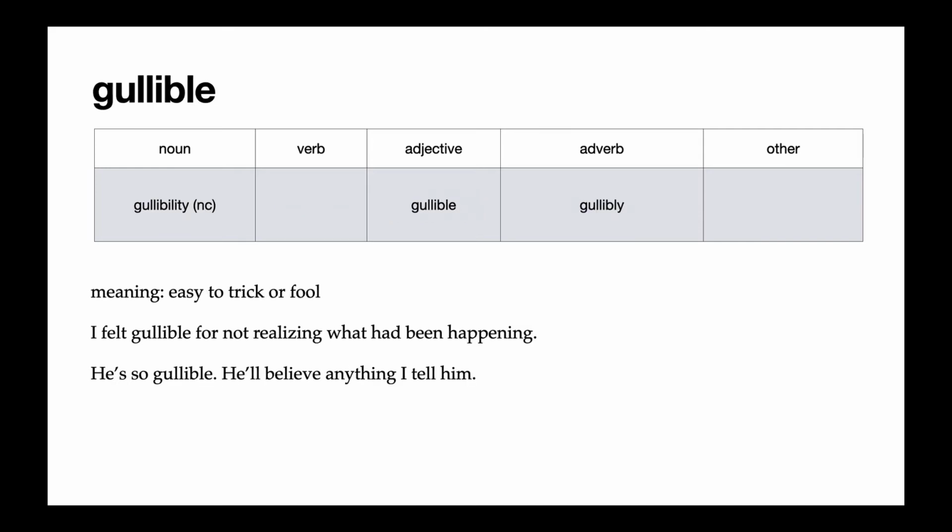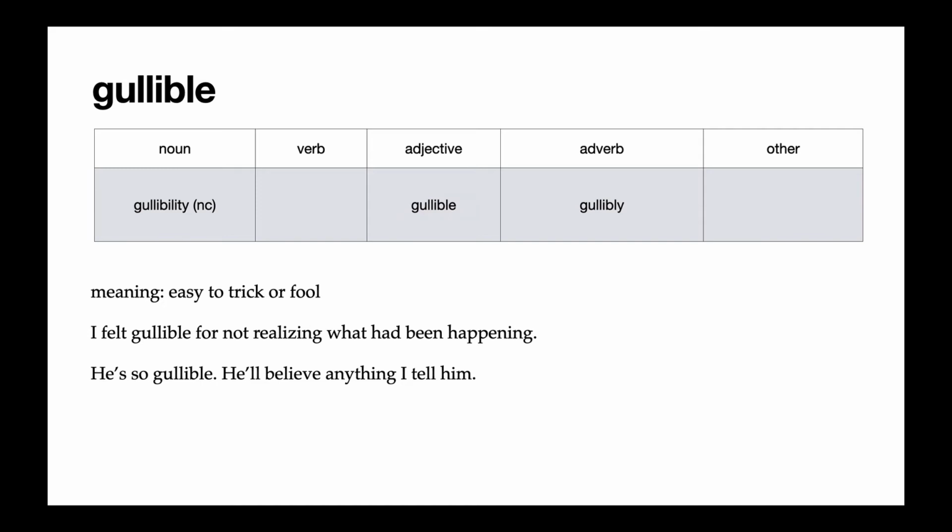Our next word is gullible, which is an adjective. And gullible is a very specific word that means easy to trick or fool or cheat someone. Another way to explain it would be a gullible person will believe almost anything. So in the story, I said, I felt gullible for not realizing what had been happening.